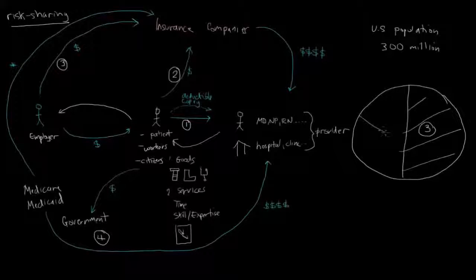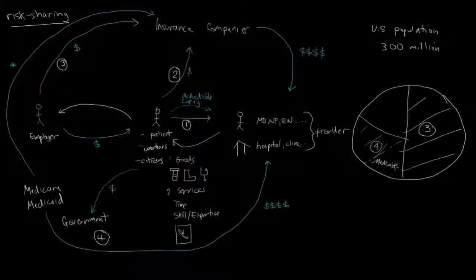I'm just going to change colors here for a second, and now look at the next big piece of the pie. About a third of Americans, this group right here, will get their health care through, you guessed it, the government. And roughly speaking, about half of that care in the government, in that piece of the pie, is going to be Medicare.